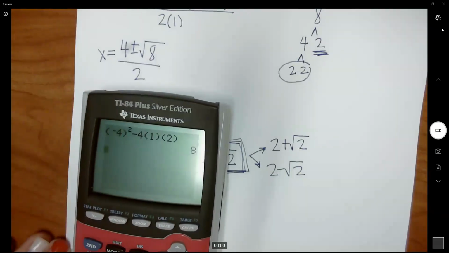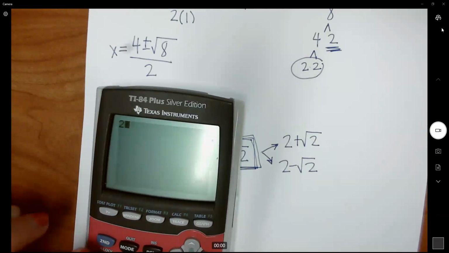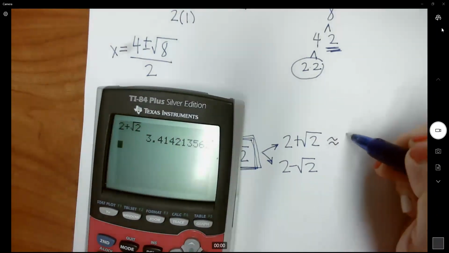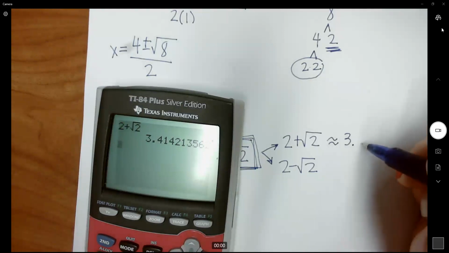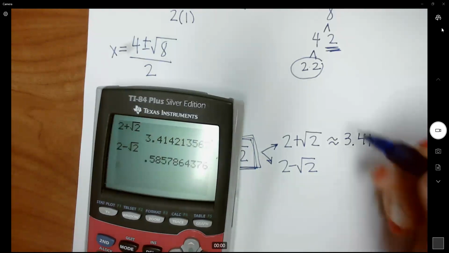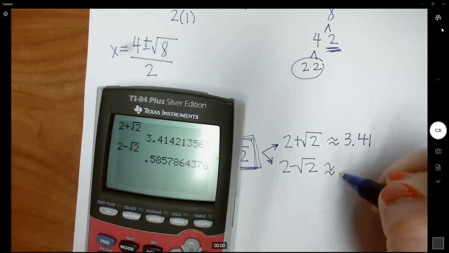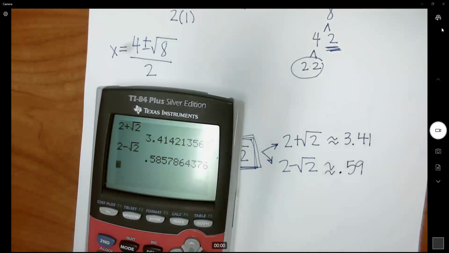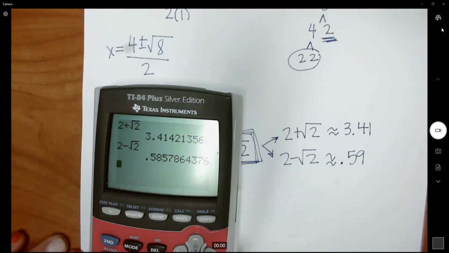And so we can get decimal equivalents. So this is about 3.41 and about 0.59 as my answers.